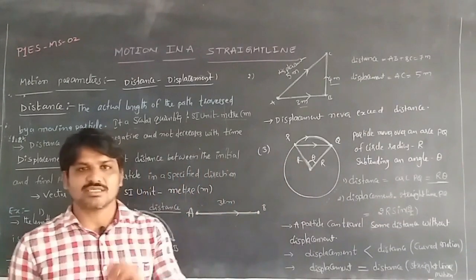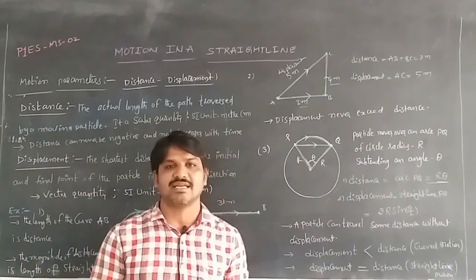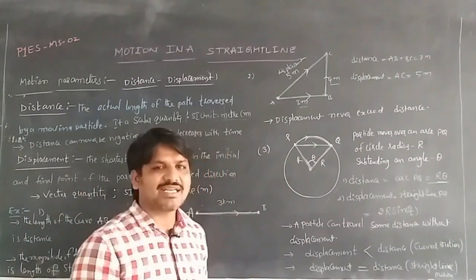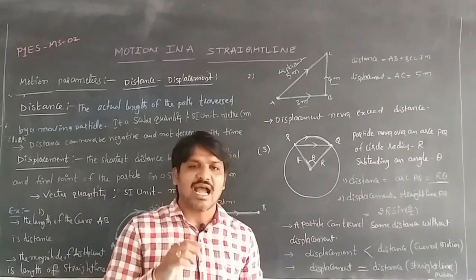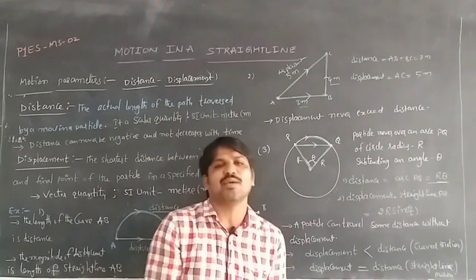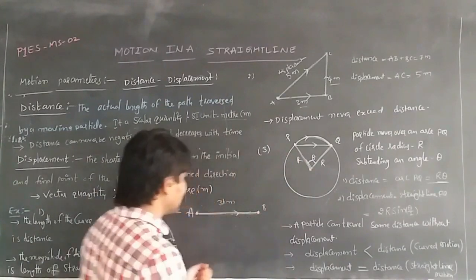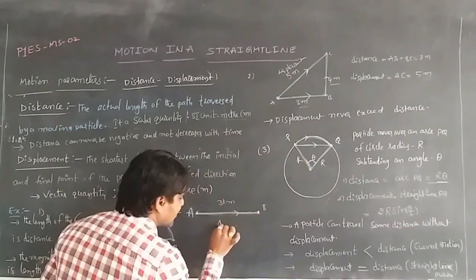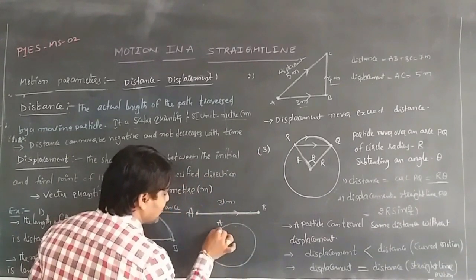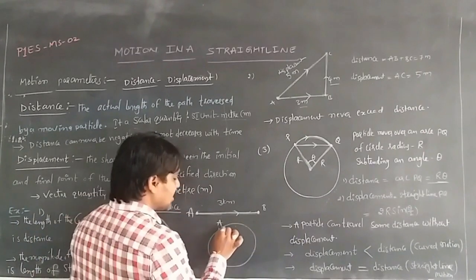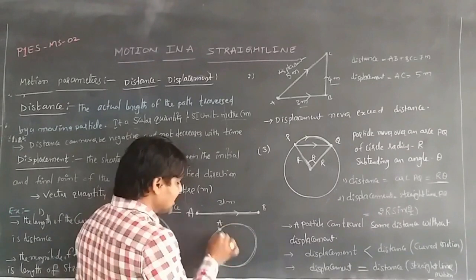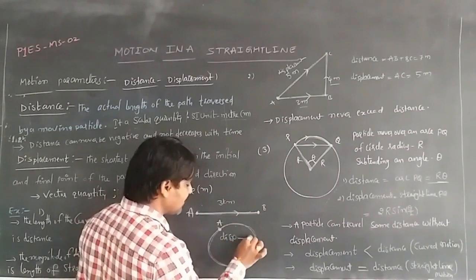Here we are going to see some important points about distance and displacement. Displacement can be 0 when the particle starts from the initial point, travels some distance, and returns to the same point. Like if the particle started from A and traveled like this and came to the same position, then the total path is considered the distance, and the displacement will be 0.